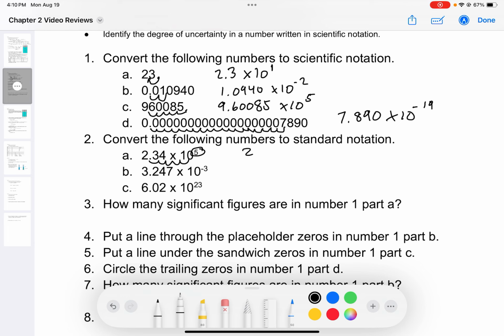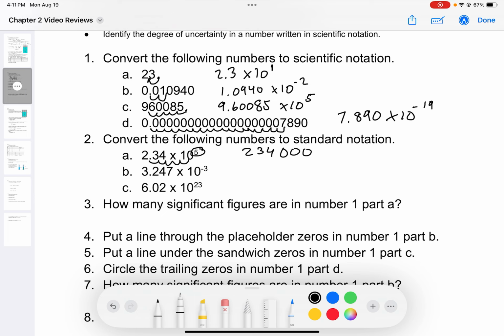So it's going to be 2, 3, 4. Then I need to add in 1, 2, 3 zeros. I'm going to erase that just because it's cluttering up my number there. But I need to basically add 3 more zeros. 0, 0, 0. There's my standard notation for that number.